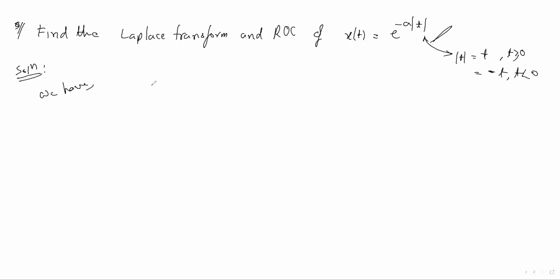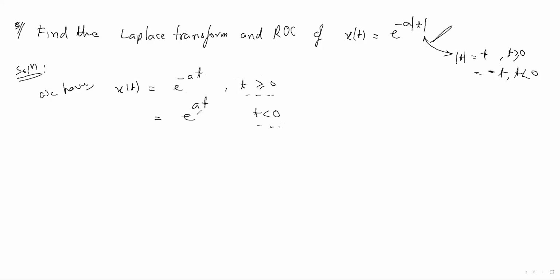You can write x of t equal to e to the power minus a t, if you take t greater than or equal to 0. And you can write e to the power a t if you take t less than 0, because obviously mod of t is nothing but minus t.